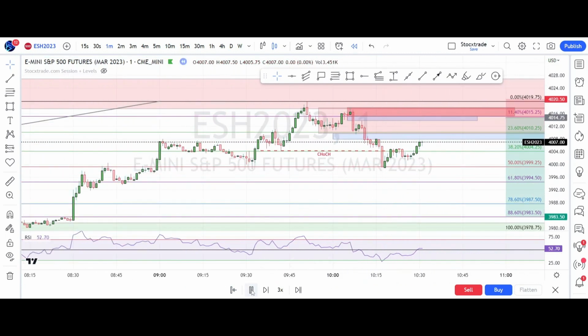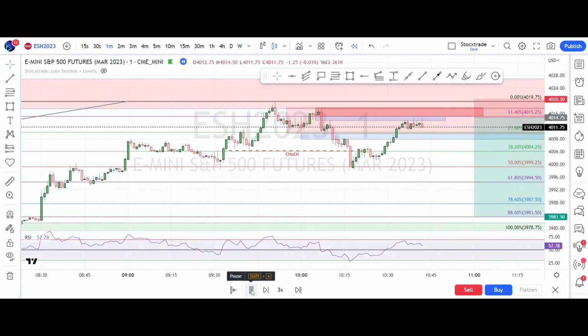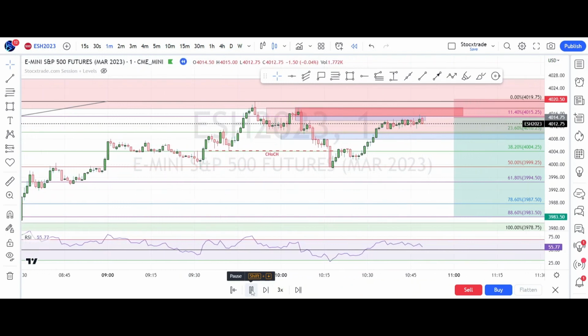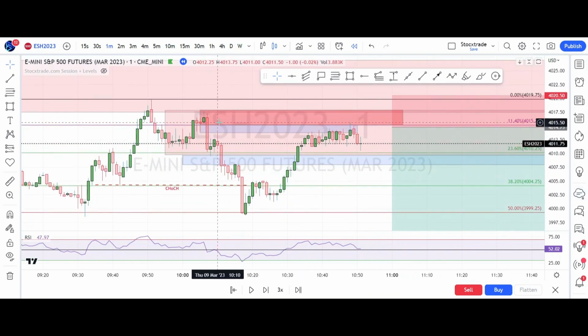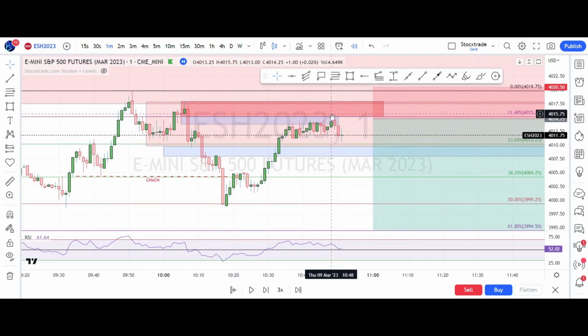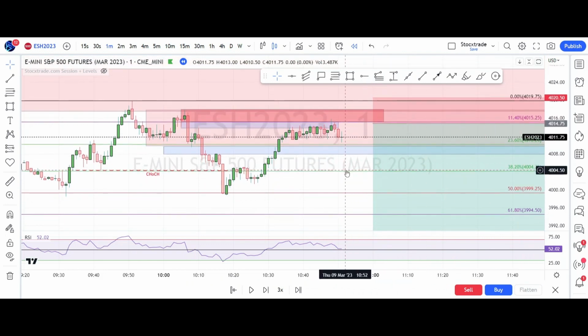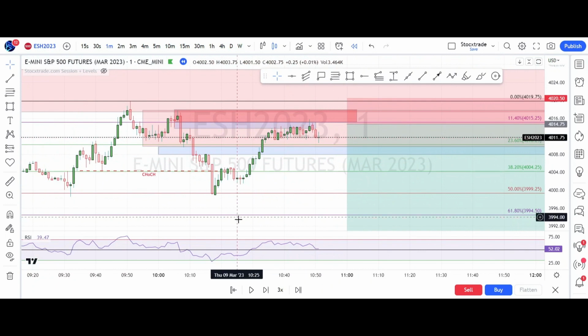So the price went inside the zone, in our selling zone, just hit the last order block. This is the last order block, just kiss this area. So you can see how you have only 6 points stop loss. Okay, very small stop loss.